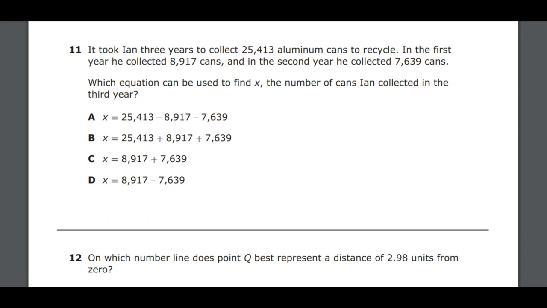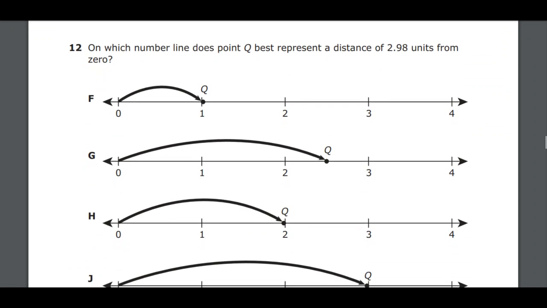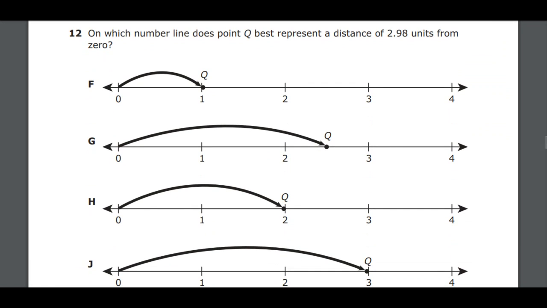Which equation can be used to find X, which stands for the number of cans Ian collected in the third year? Number 12. On which number line does point Q best represent a distance of 2.98 units from 0?